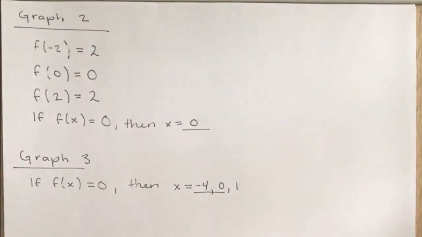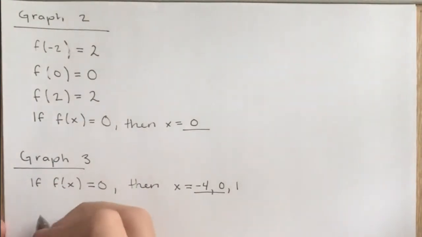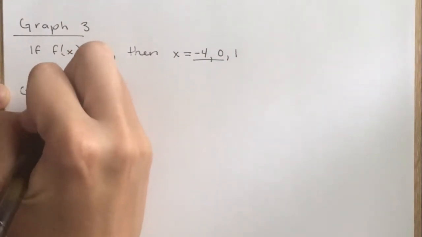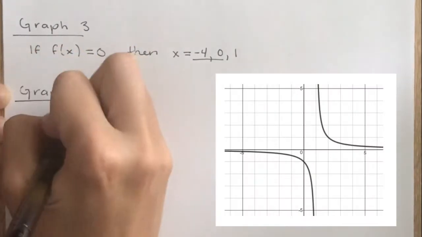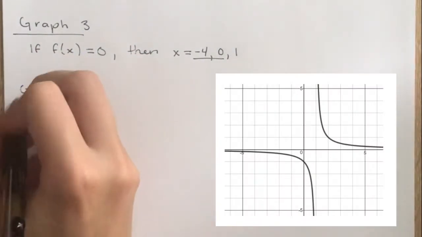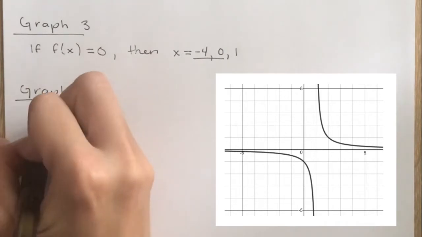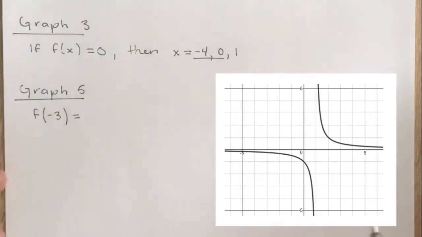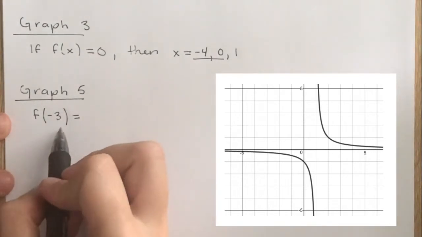Next question I want to look at is graph 5. All right, first question is asking, what is f of -3? So again, we look for where x is -3.